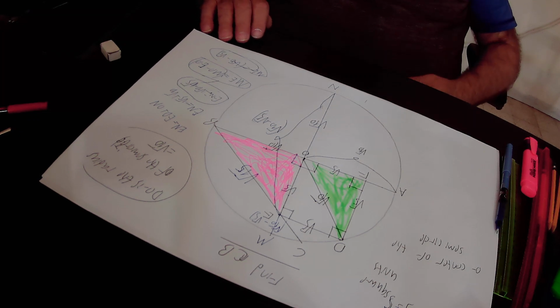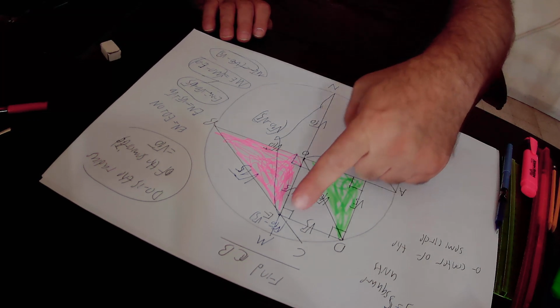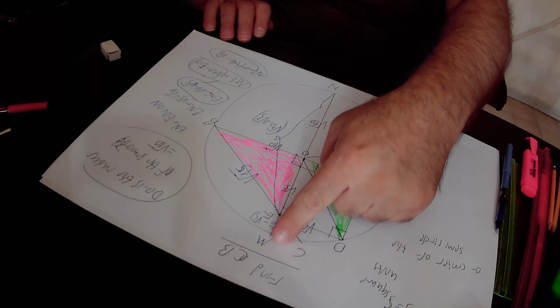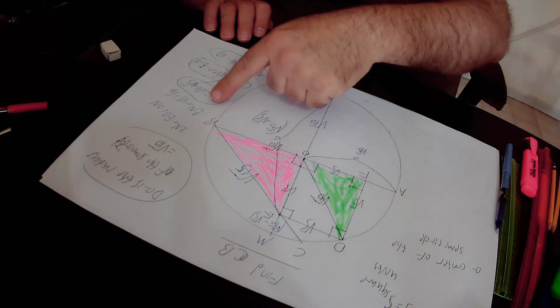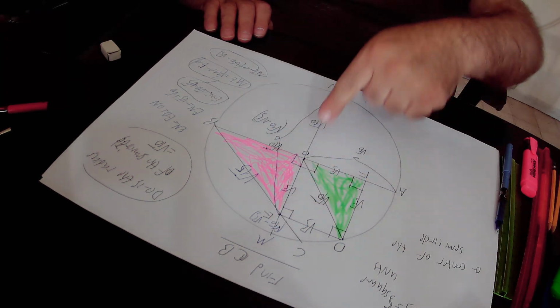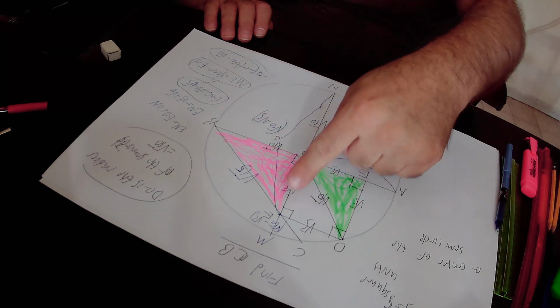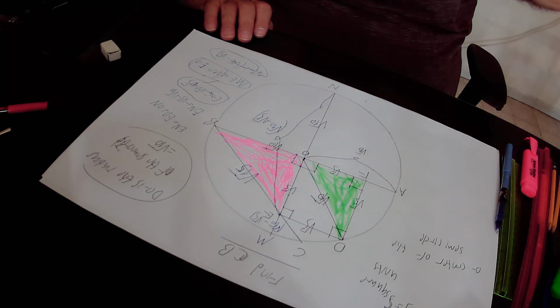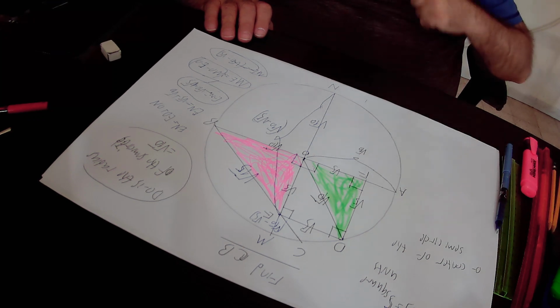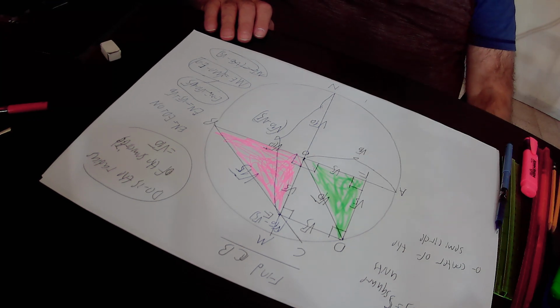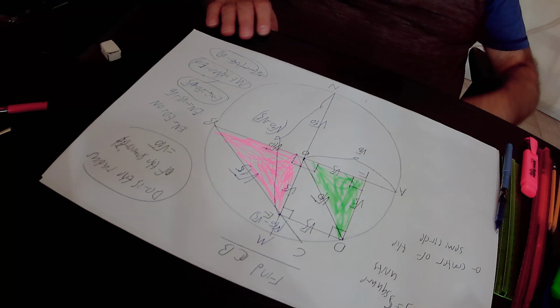Why? Because in our drawing we have chord MN that intersects with chord CB at point E. So we copy the new chords with a circle in a new page and we implement on our drawing rule number 2.